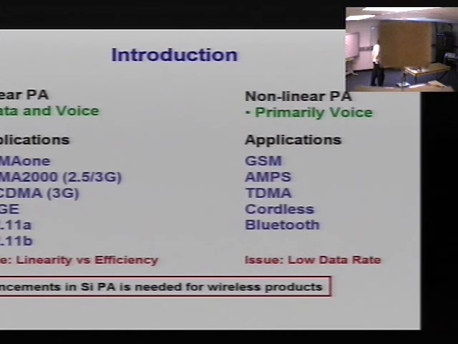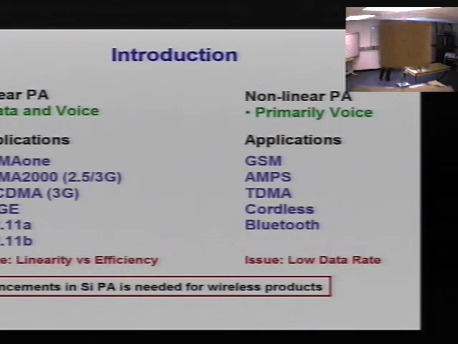Primarily the two categories are the linear and nonlinear areas, and right now most of the attention is being attracted towards the linear PA area, primarily because of the data applications. And it makes the design issues very difficult, whereas for nonlinear PAs you can have the power amplifiers operating significantly above their 1 dB compression points, and they can be relatively efficient, and linearity is not as important a factor.